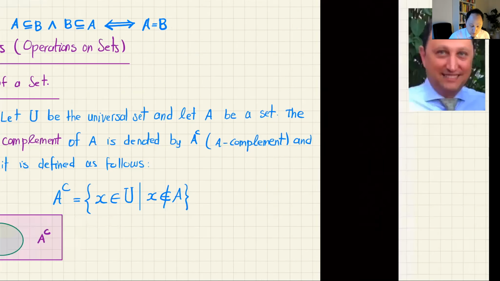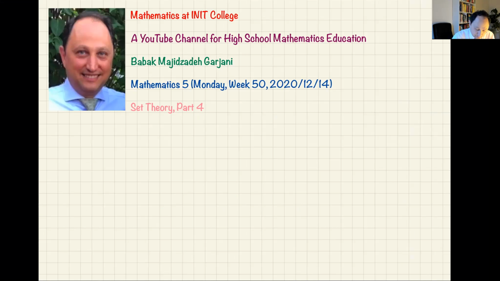Okay, so let me give you some simple examples. Let U be equal to x belonging to N such that 1 is less than x, less than or equal to 10.